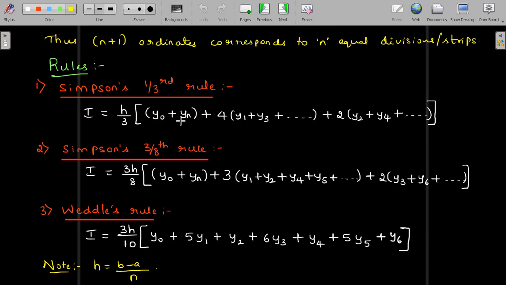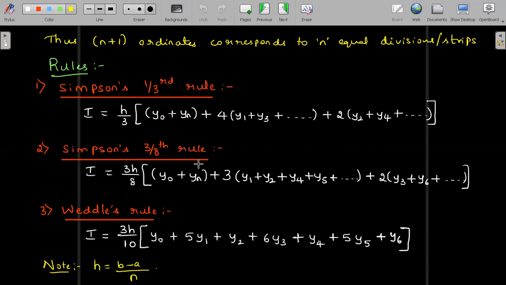First term plus last term plus 4 times the odd suffixes plus 2 times the even suffixes. 4 into odd suffixes plus 2 into even suffixes can be easily memorized.